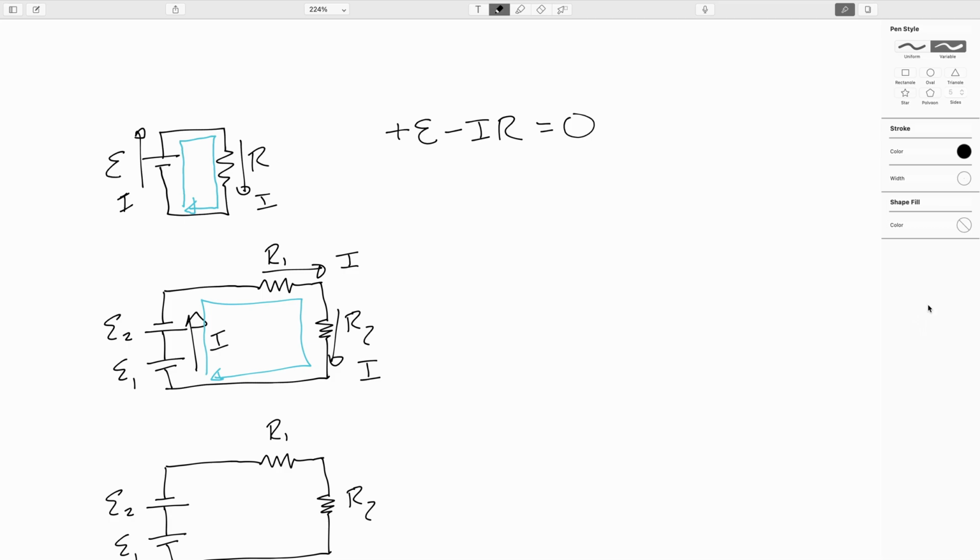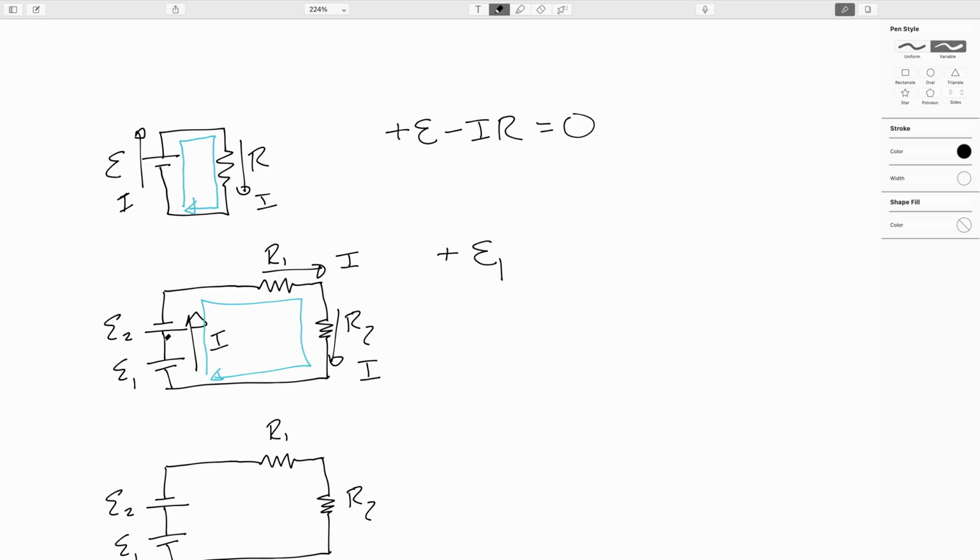If you ever run across some other way to do it, or you think of some other way that makes sense to you, then do that. So walking my hypothetical dog along, I exit this first battery at the positive terminal. So this would be plus E1.